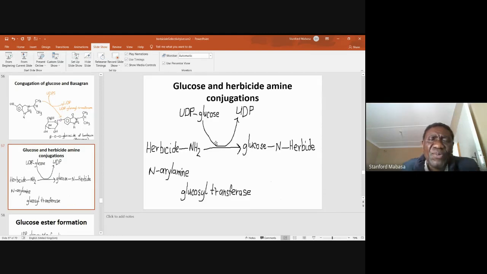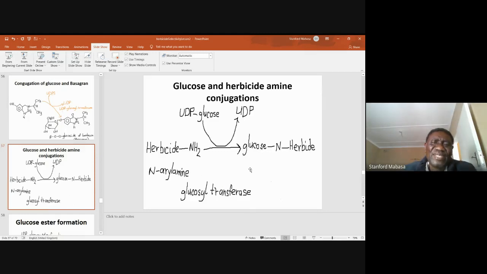We move on to another herbicide derivative from phase 1, a product also of cytochrome P450. UDP glucose will donate the glucose and form UDP, and the structure which is formed is glucose N herbicide.